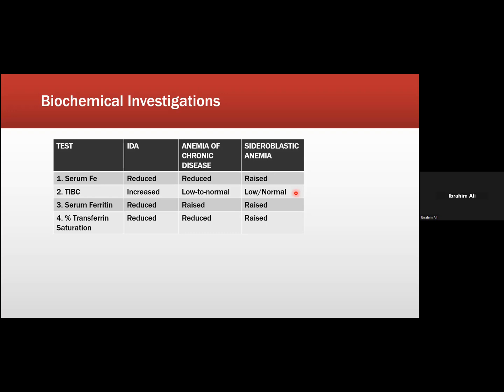For anemia of chronic disease, serum iron will be reduced, and TIBC can be low or normal. As for ferritin, as I told you, the storage in the bone marrow will be higher, but in circulation, which is serum iron, it is low. And also transferrin saturation is reduced. That's it, I think, for our scope today.